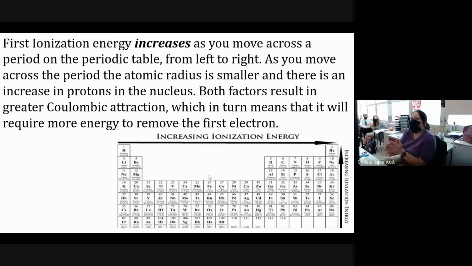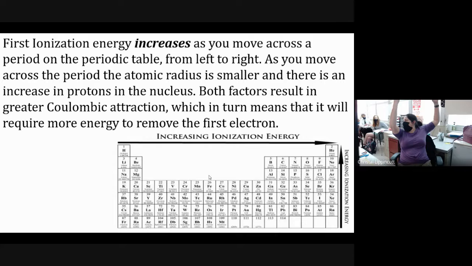Okay, here we go. All right, so as we move across the periodic table, it's going to increase because you're adding in more protons as you move across. So as you move across, you're adding in more positive charges, but that distance to that outer electron isn't changing much, because as we move across, we're still in the same level, right?